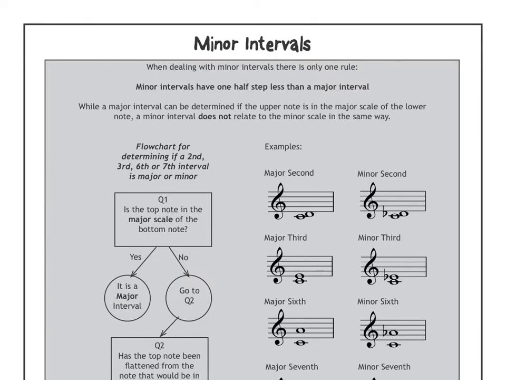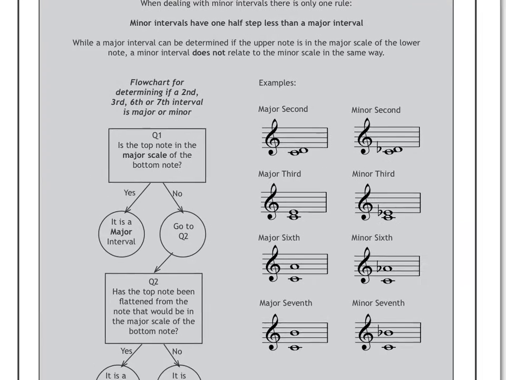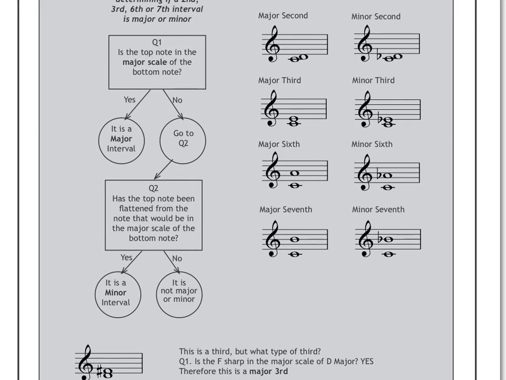All you have to do to determine minor intervals is ask yourself one further question, if your first answer is no. So, if the upper note does not fit within the key signature of the lower note, then has that upper note been brought down a 1/2 step? Has the top note been flattened from the note that would be in the major scale of the bottom note?